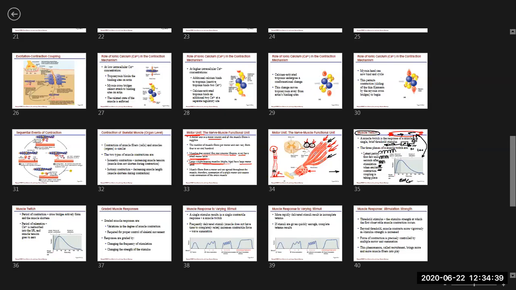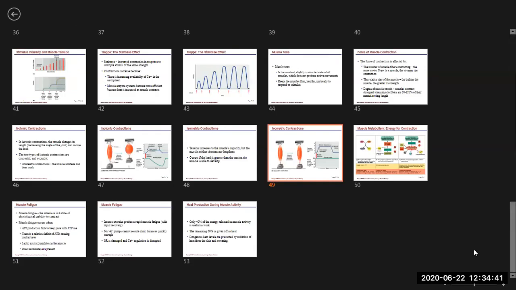In a nutshell, we can understand the physiology of muscles, skeletal muscles, and try to apply it, implement it in our daily life as much as we can. When you are at the relaxed stage, your muscles are still being stimulated.